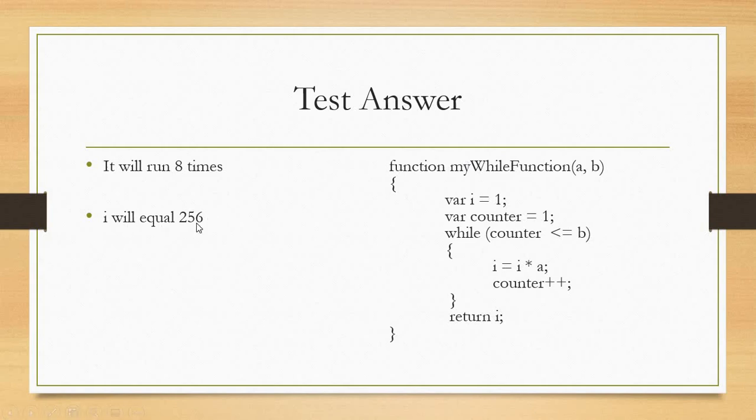And i will equal 256. It's because we are going through 8 times. You will notice, 2 to the 8th power. What does that give us? 256.